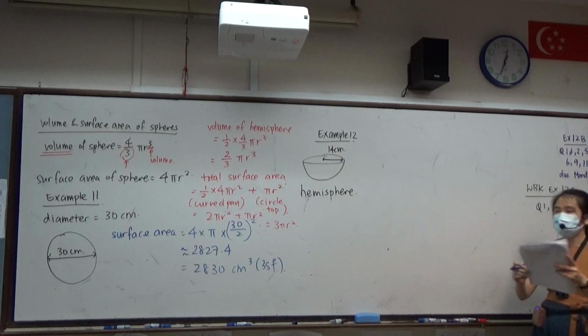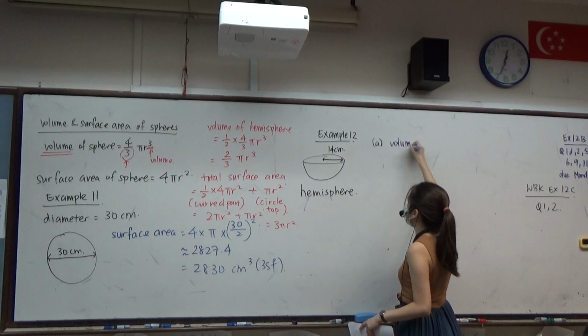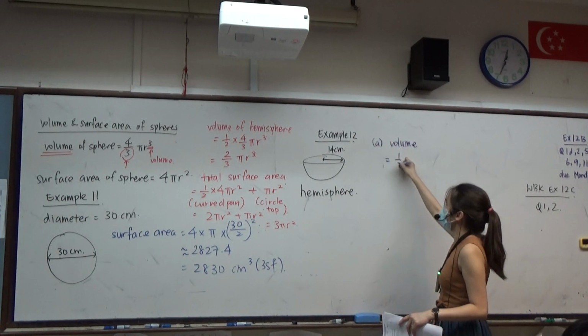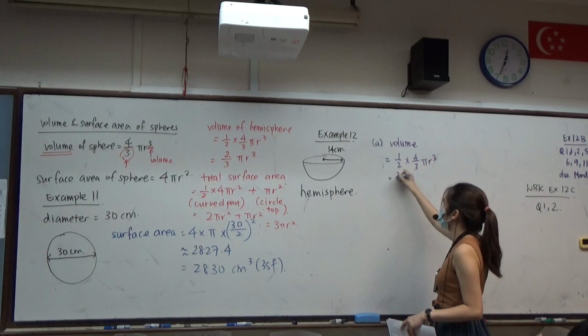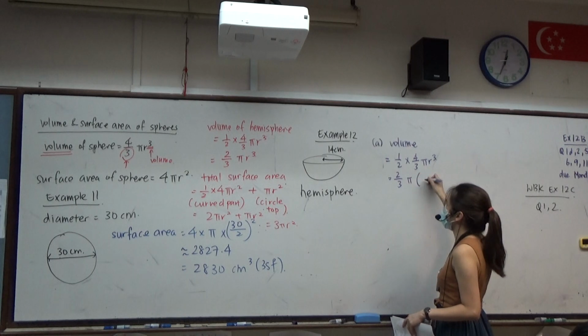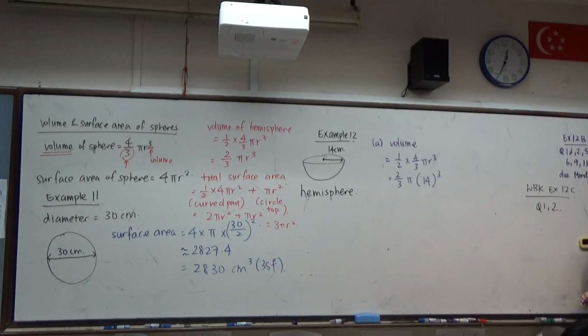Alright, let's look at part A to find the volume. So the volume, as mentioned, is half times 4 over 3 pi r cubed. The radius is 14.